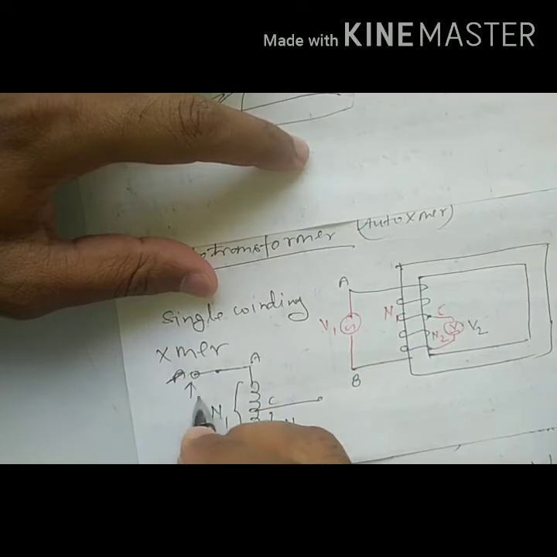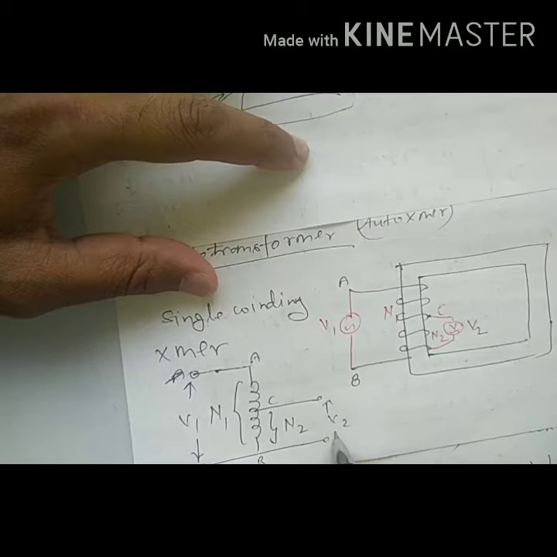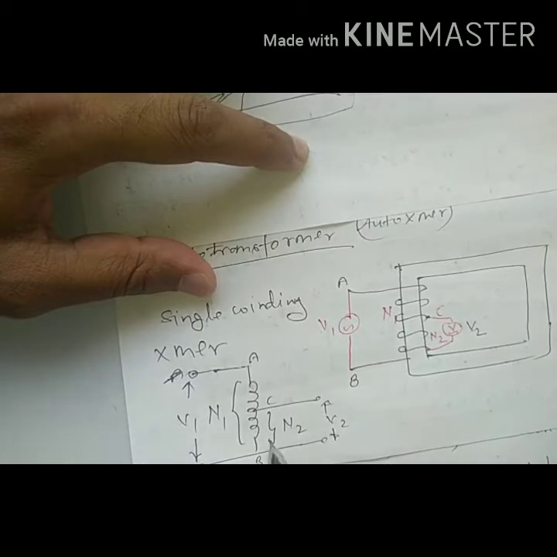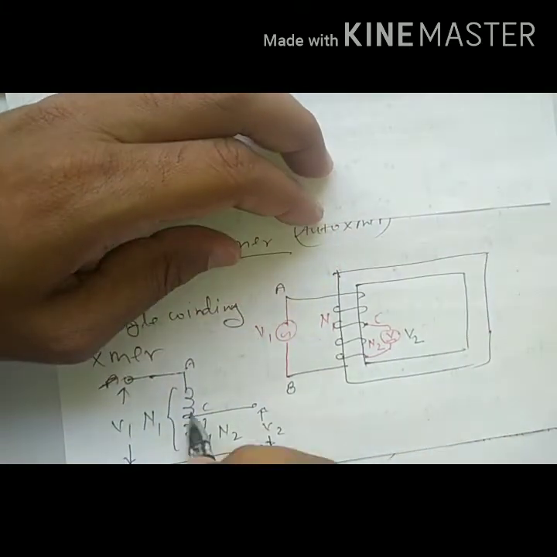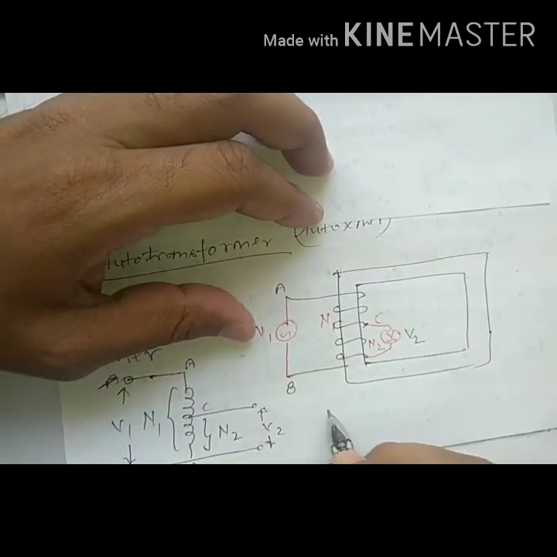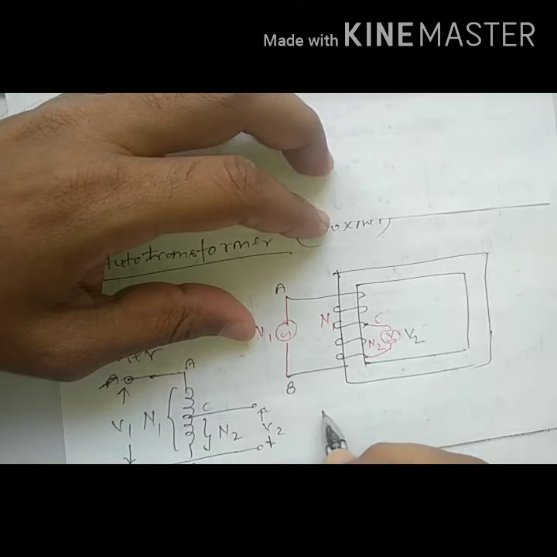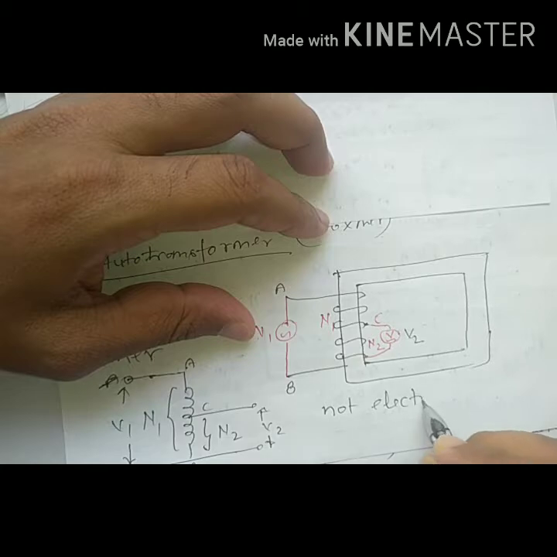Here the voltage is V1 and here the voltage is V2. So this is a single winding, and one part of this winding is common to both, right? And these two windings are not electrically isolated.